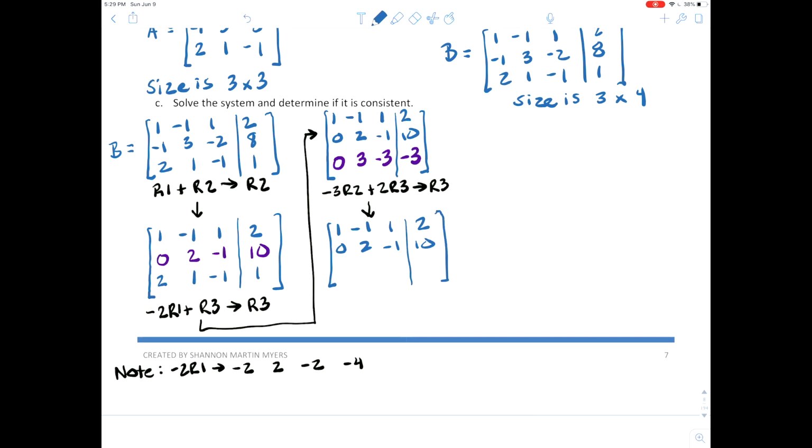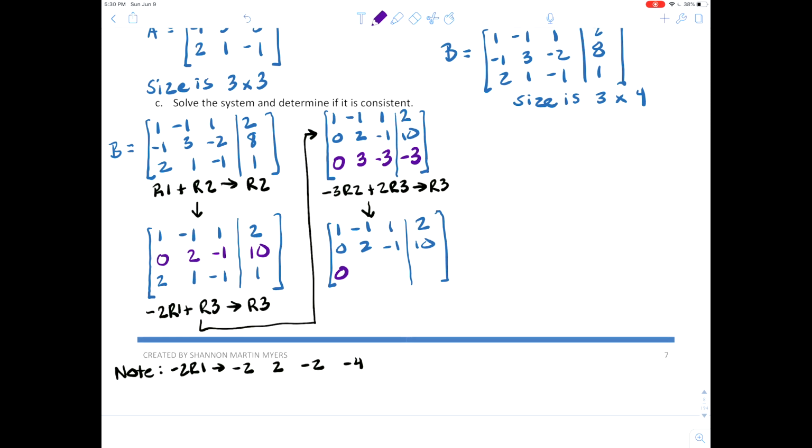Okay, so now, -3 times 0 is still 0, and 2 times 0 is still 0. So this one here is still going to be 0. Not a lot going on here.